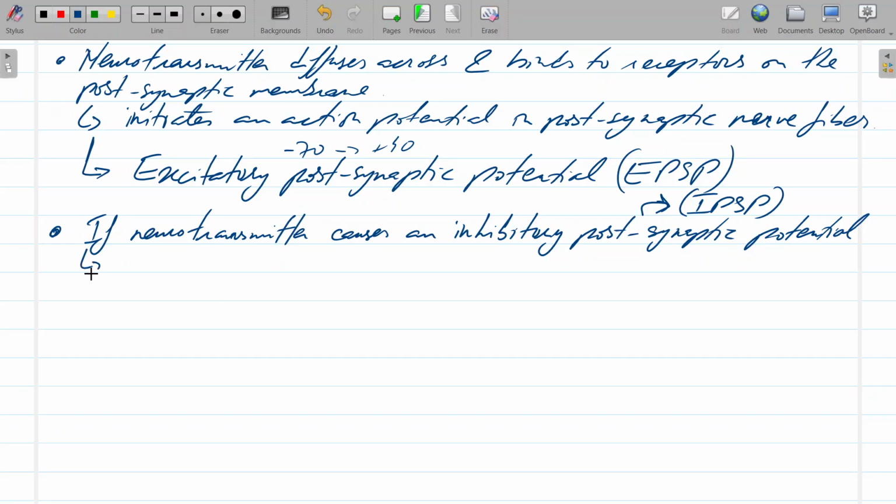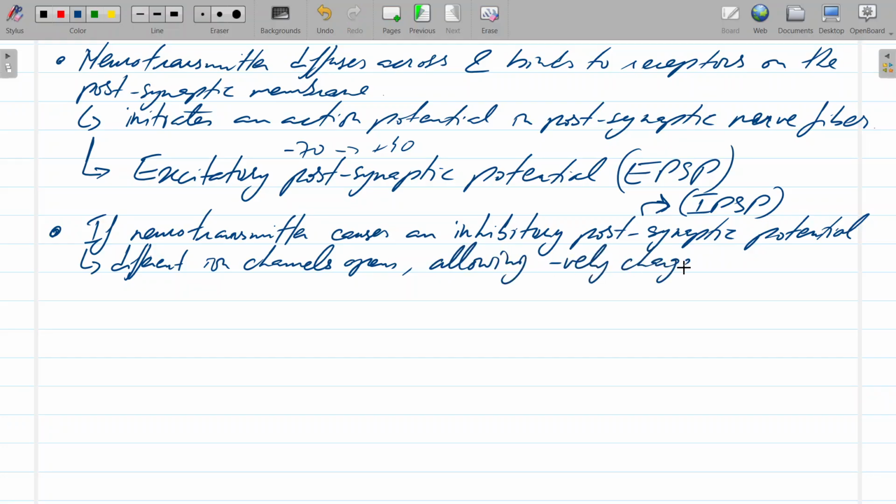So what this does is, not the sodium, but different ion channels open, allowing negatively charged ions to move in, and that makes the inside more negative.